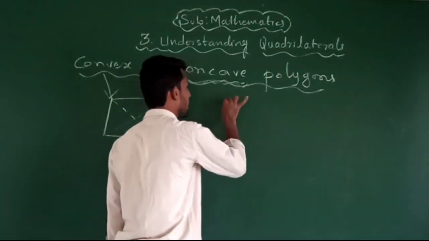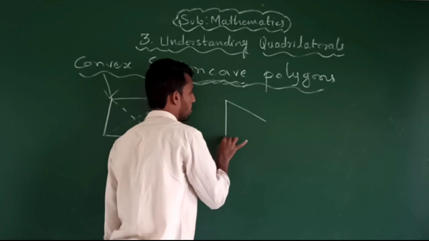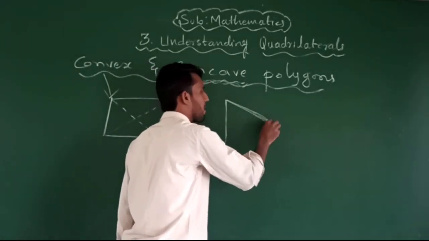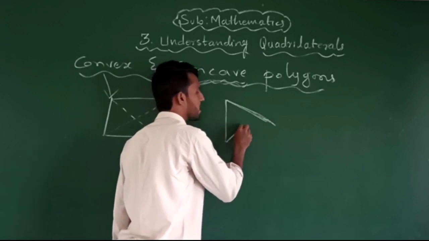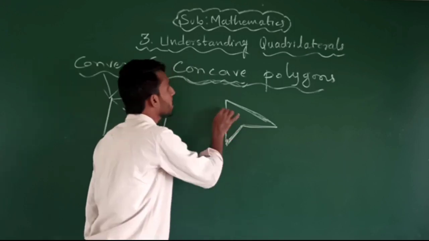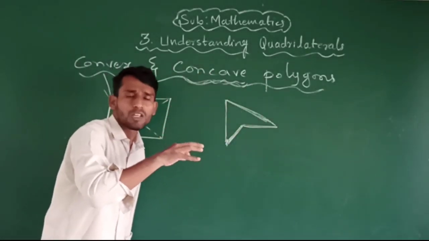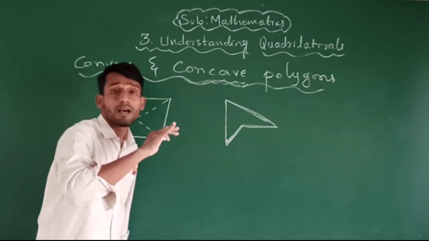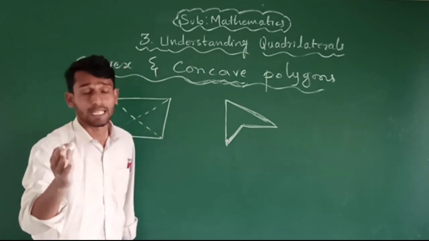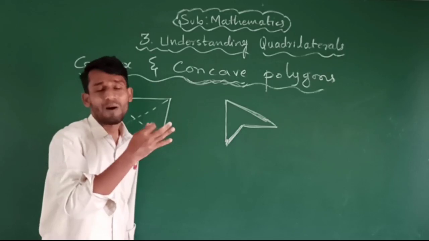For example, see, polygons mean figures which are made up of line segments, those we will call polygons. Okay, here we have to find concave polygons. Concave polygons mean polygons which have diagonals outside the figure, those polygons we will call concave polygons.